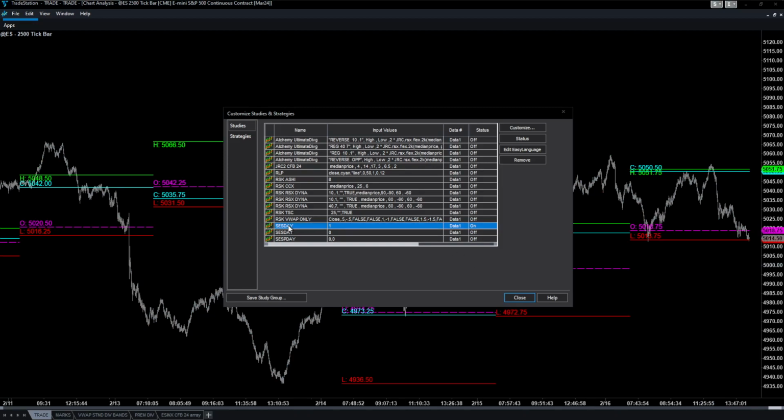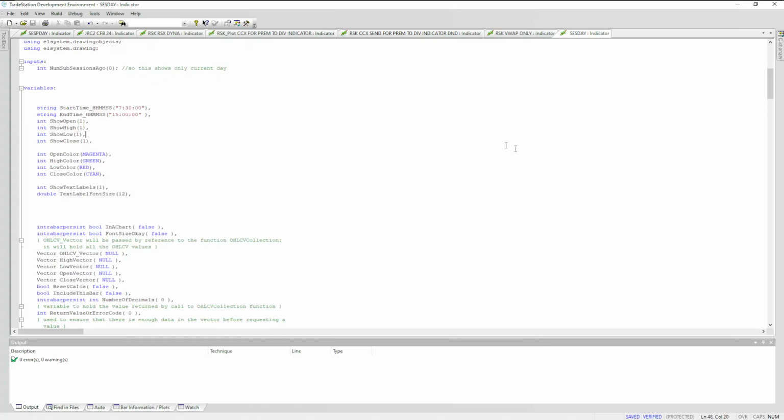And one last thing. A lot of traders want to follow the close, or at least know where the close of the previous day was. So on this indicator, if I go into easy language, just click on this and set this from 0 to 1, right click, and then verify.